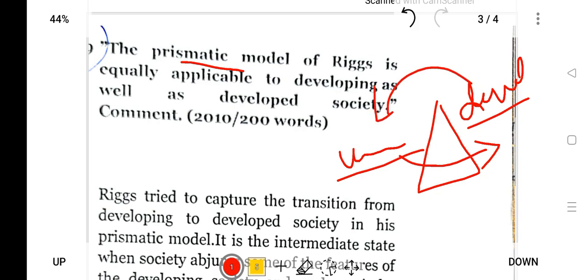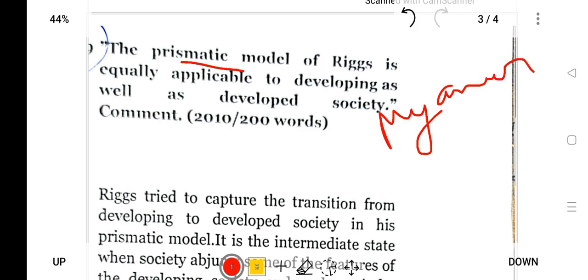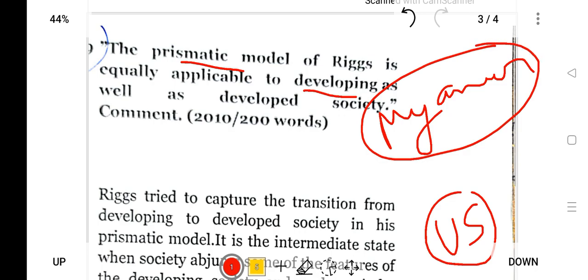Let's take a comparison of two countries, for example Myanmar and the United States. Myanmar is a very disturbed country, a developing society that is not developed properly, and the United States is a very developed country. The two administrative systems are different: Myanmar is purely military, and the United States is a democratic country.